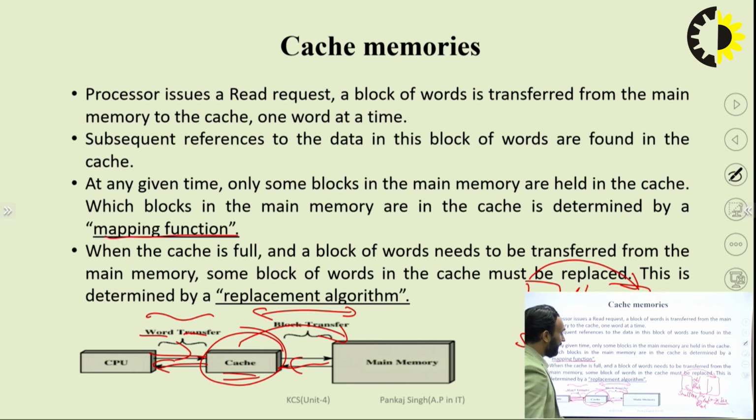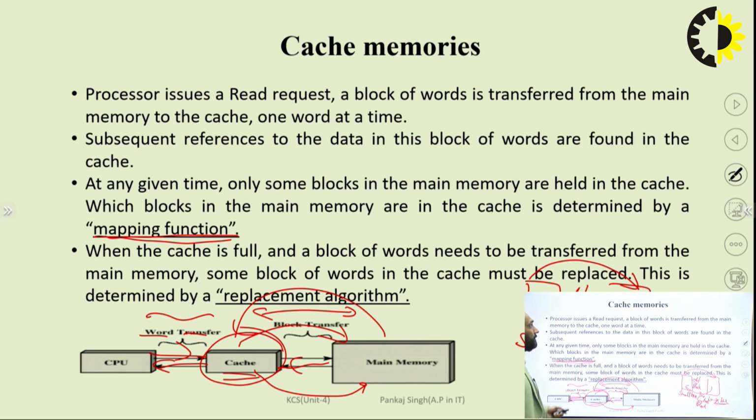In the mapping technique, the block is picked from main memory and copied to the cache memory, and the old block is transferred back to the main memory. So for doing this, we require a mapping technique, and we will go through it in detail with the help of examples.